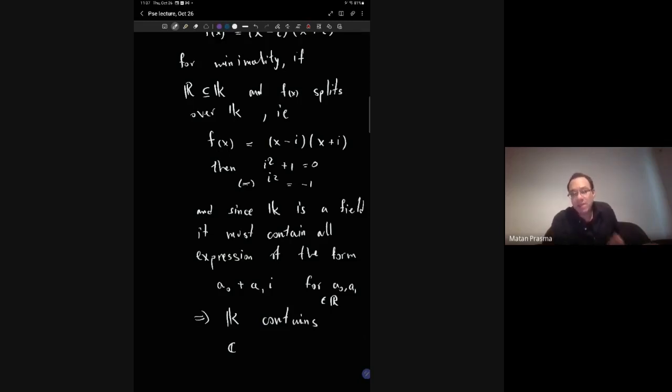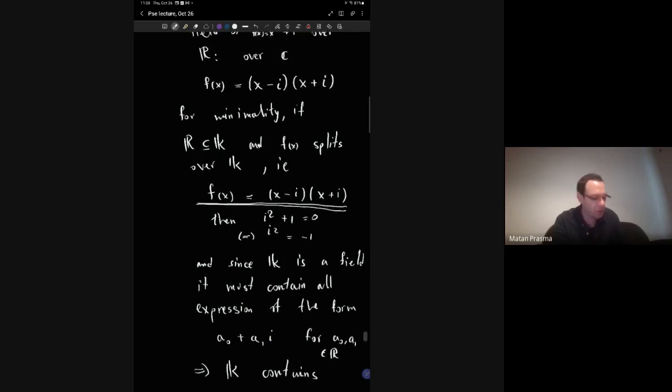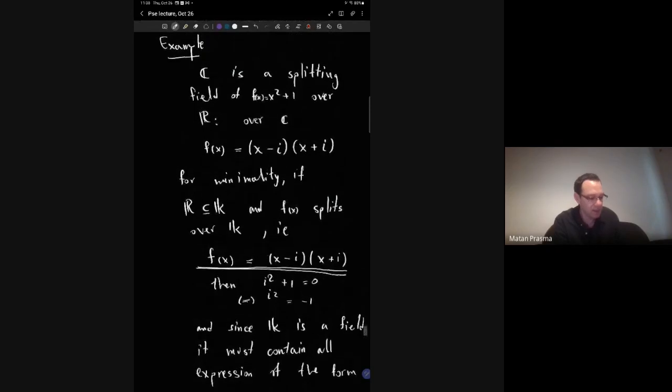So this tells you that C is the minimal field with respect to inclusion for which this polynomial f(x) splits into linear factors. And this shows that C is the splitting field of the polynomial x squared plus 1 over R. Remember, we need two things.